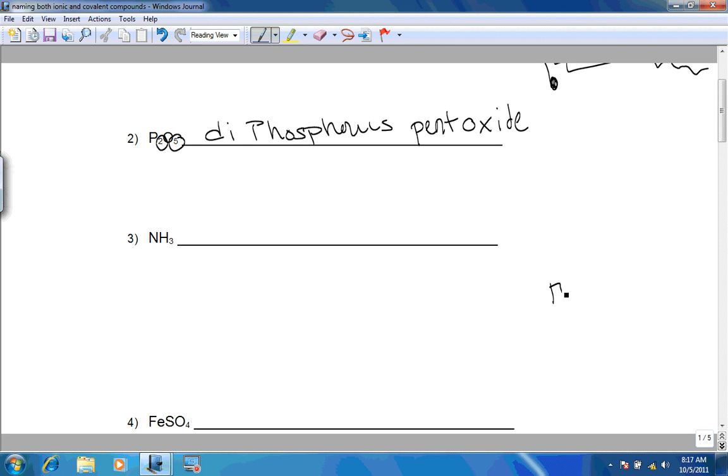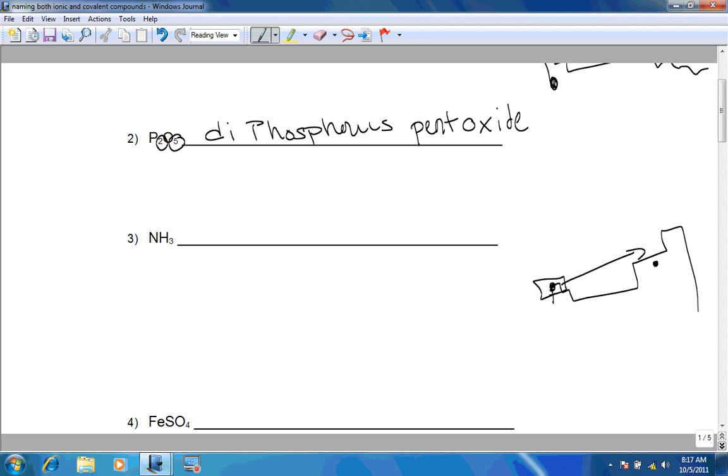Looking at the periodic table again. For number 3, we notice that nitrogen's here and hydrogen's here. Even though hydrogen's on the far left, remember that's the one on the left that's actually a nonmetal. So therefore, they're both nonmetals, which means that the electrons are being shared.